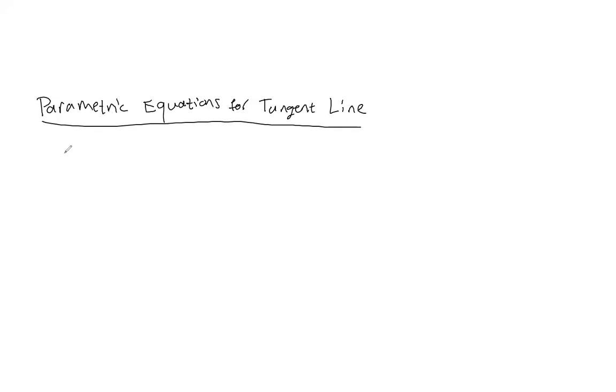So whenever you're trying to find a line, just remember, this is the most important thing here: we need, first of all, a point on the line, and we need a direction the line is going in.